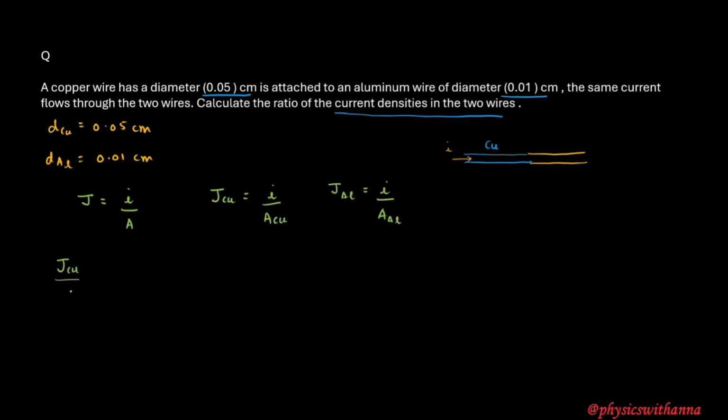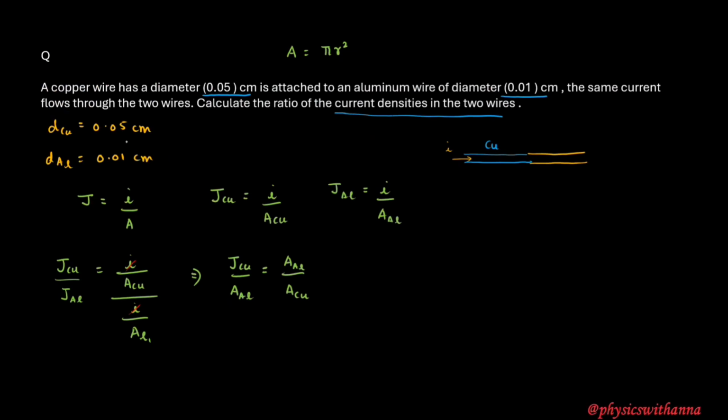J for copper over J for aluminum gives me I over A copper, then I over A aluminum. Now let's cancel off the I here, and we rewrite this as J of copper over J of aluminum equal to area of aluminum over area of copper.